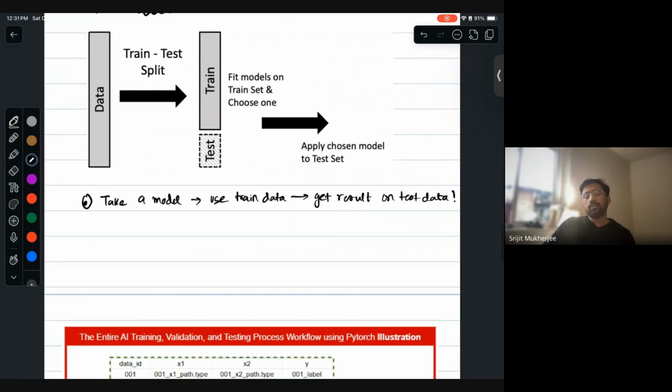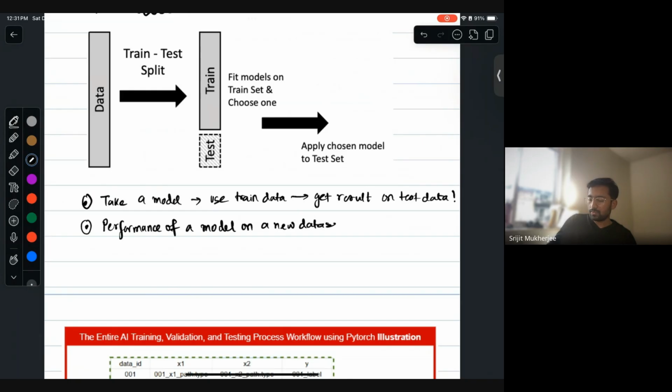Now, understand what we want to understand. We want to understand the ideal performance of a model on a new data set. So if we have one model, this is good.